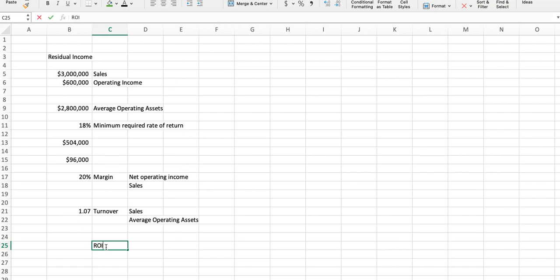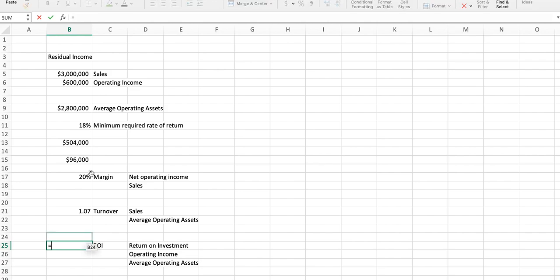And then the other thing we can look at is our ROI, or return on investment. For ROI, we're looking at our operating income divided by our average operating assets, or 21.43%.